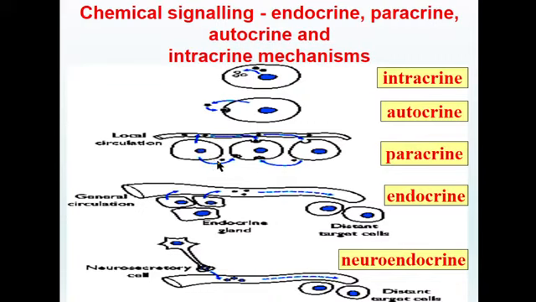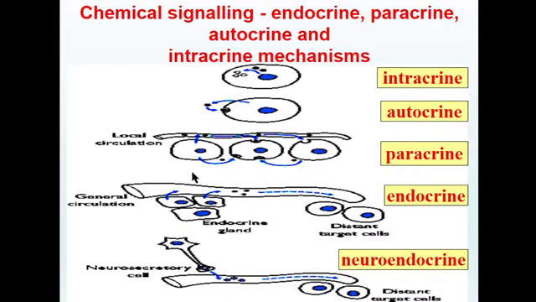If some of them act nearby their production on neighbor cells without release into the bloodstream, we call it paracrine action. If they act through transportation with the bloodstream, we call it endocrine action. And here, the same, we talk about secretion from neurons, neuroendocrine action. Epinephrine and norepinephrine have both variants of action.